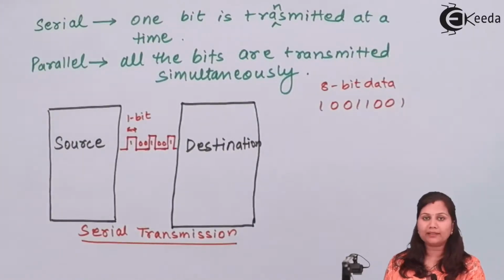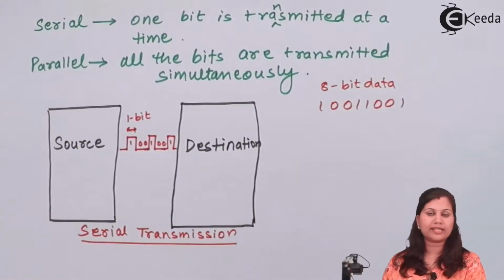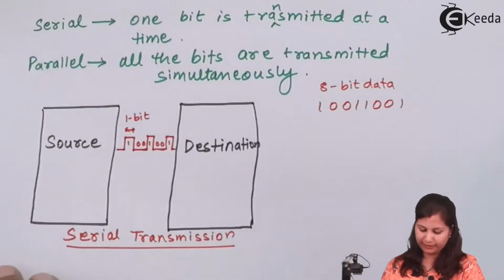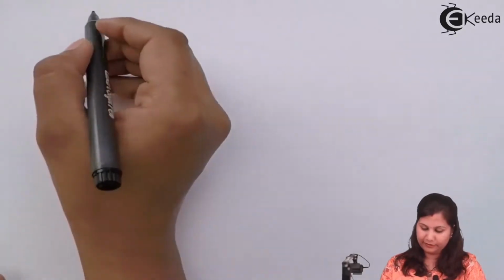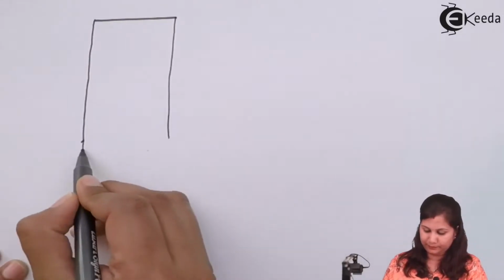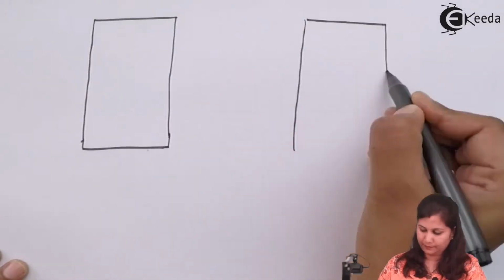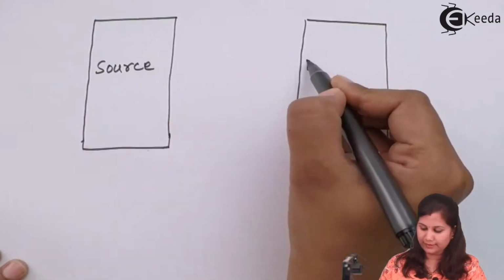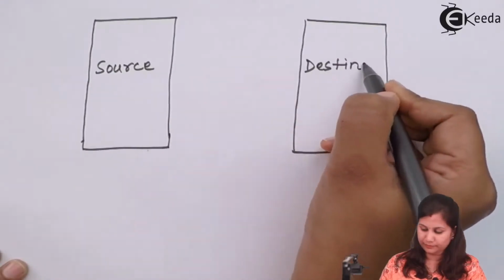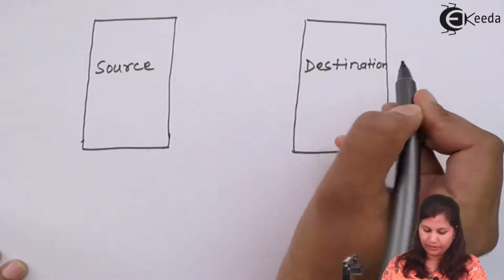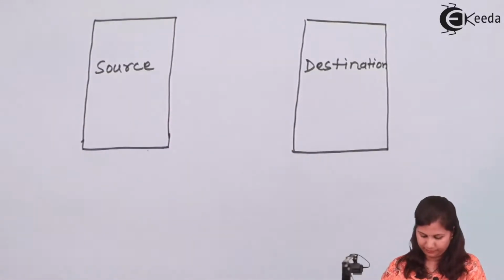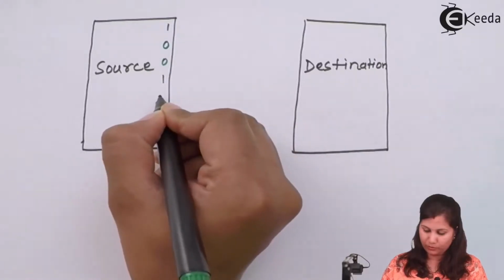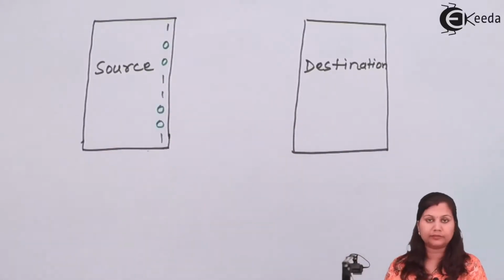But in the case of parallel transmission, all the 8 bits will be simultaneously transmitted. If we denote it by a diagram, suppose this is the source and this is the destination. We have the data 1, 0, 0, 1, 1, 0, 0, 1.